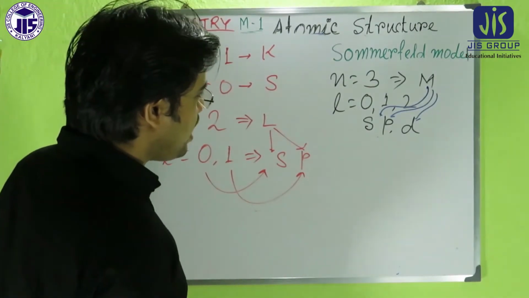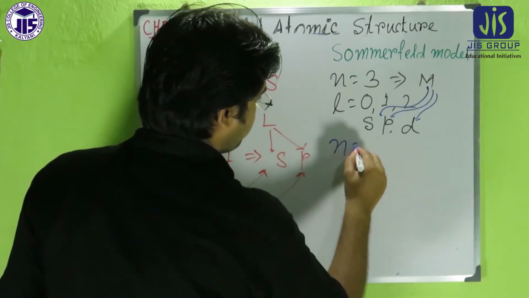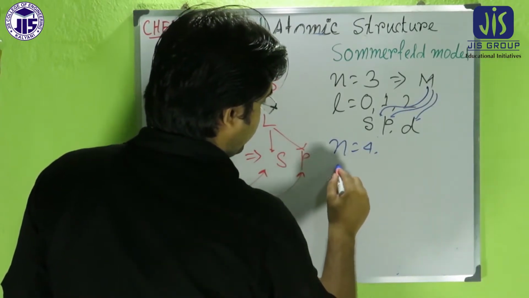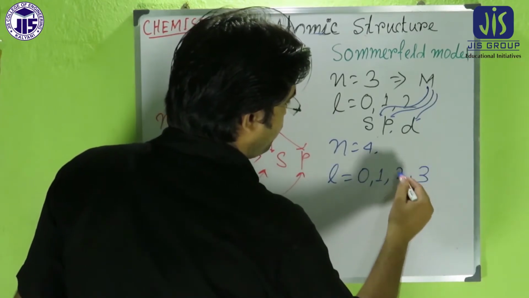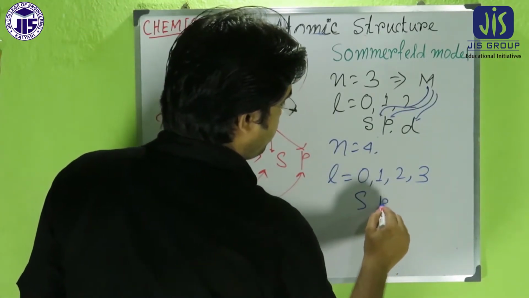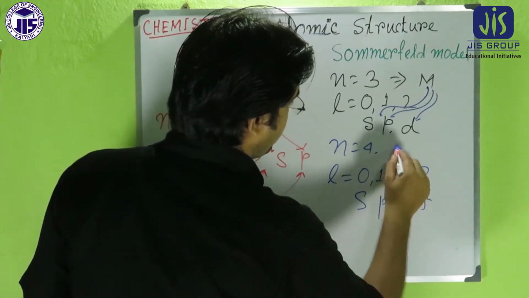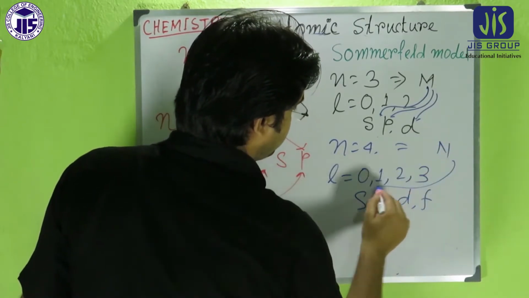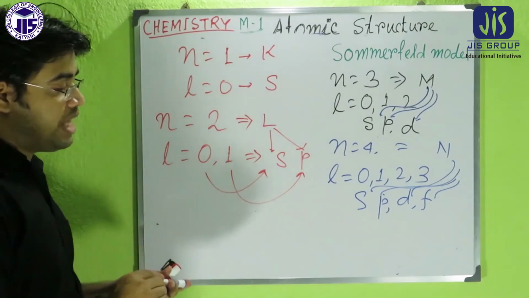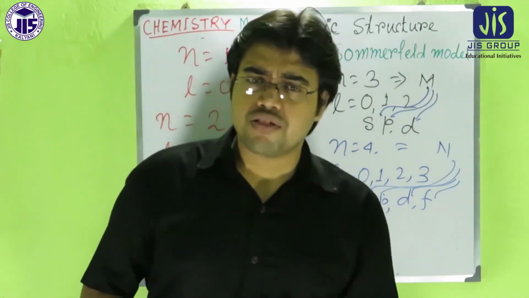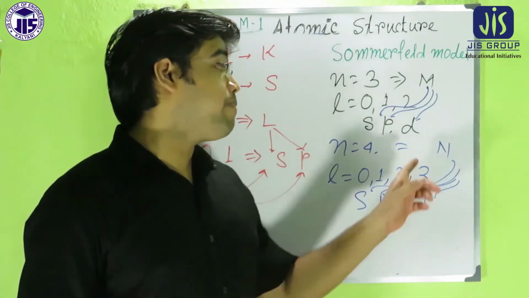And if n is equal to 4, then L is equal to 0, 1, 2, 3. That means s, p, d and f. So here the N shell is a combination of s, p, d, f. Those are the 4 subshells which exist in the N shell.